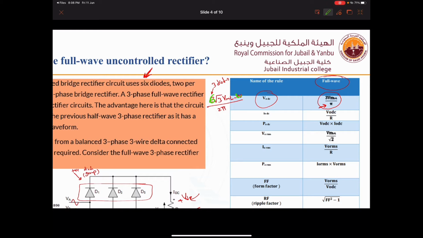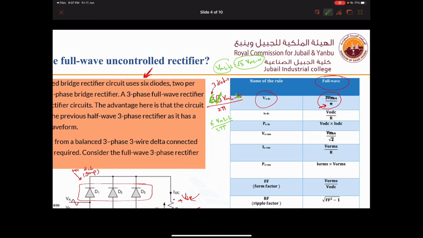And also, if we have line to line, then we shouldn't have root 3, because V maximum line to line is equal to what? Root 3 V phase, or V line to neutral. V maximum line to neutral. Okay, that's why we remove this term by this term. And then it should be like this: 6 V maximum line to line, divided by 2 pi.